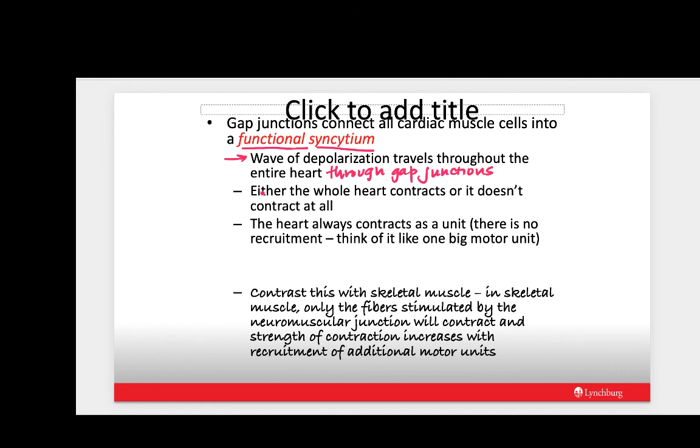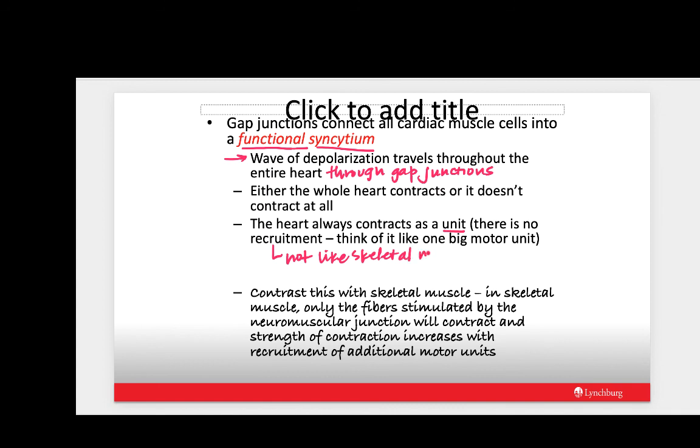This also means that either the whole heart contracts or it doesn't contract at all. There are no small contractions versus big contractions depending on what you need. The heart always contracts as one unit. So there's no recruitment. It's not like skeletal muscle.